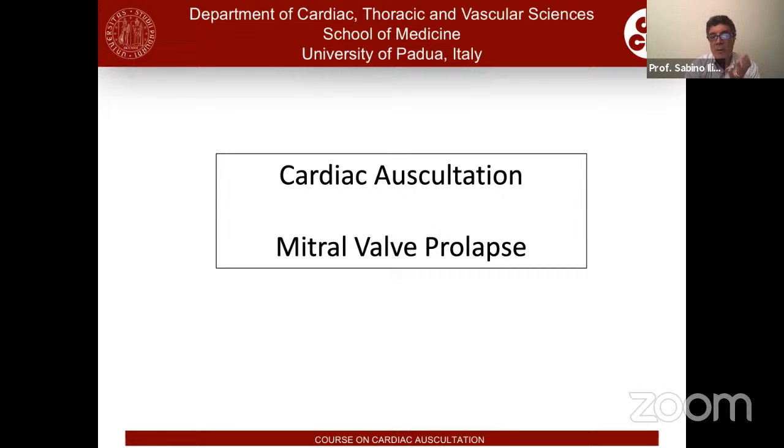As you know, mitral valve prolapse was firstly described by Professor Barlow. Barlow is also called Barlow disease. Oh, so Barlow is from Padua, right? No, Barlow was a professor from South Africa. Oh, South Africa.